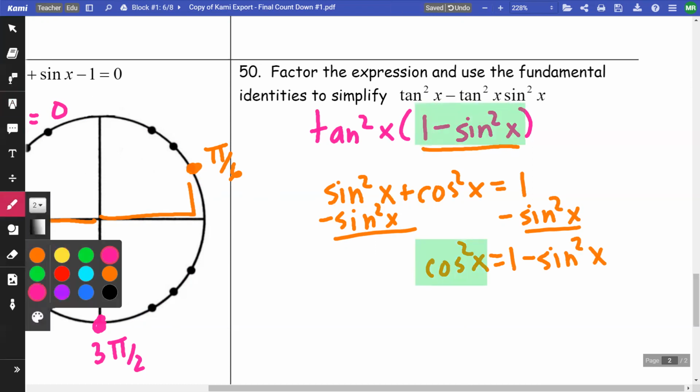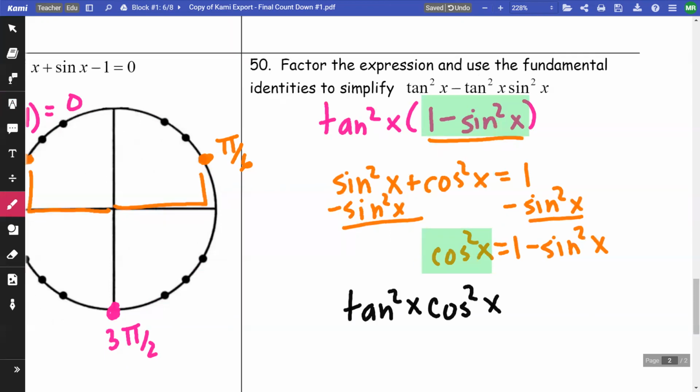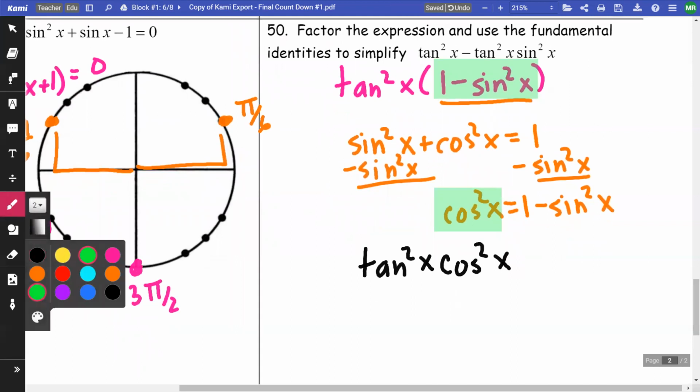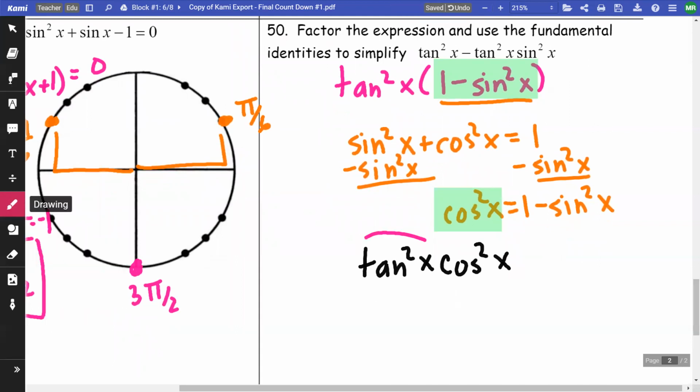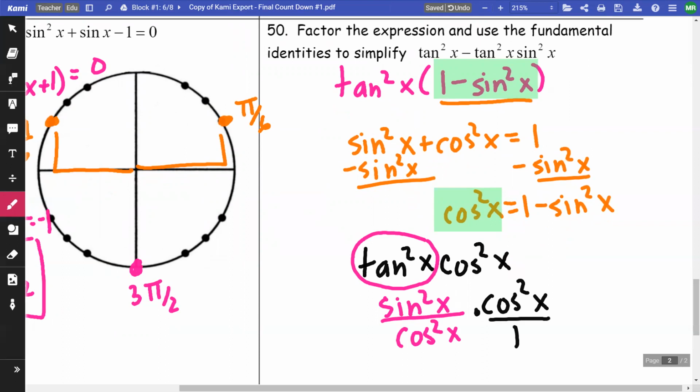So now I'm going to have tangent squared x times cosine squared x. And I am going to rewrite my tangent squared x at this point. So my tangent squared x is sine squared x over cosine squared x times cosine squared x. If you want to put it over 1, you can.